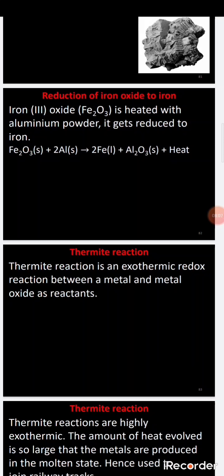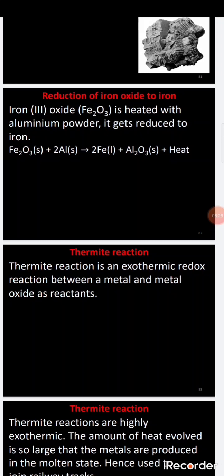Thermite reaction is an exothermic redox reaction between a metal and a metal oxide as reactants. So here the metal is aluminium and the metal oxide is iron oxide. In this case the redox reaction will take place. The heat evolved is so large that it acts as a reactant.